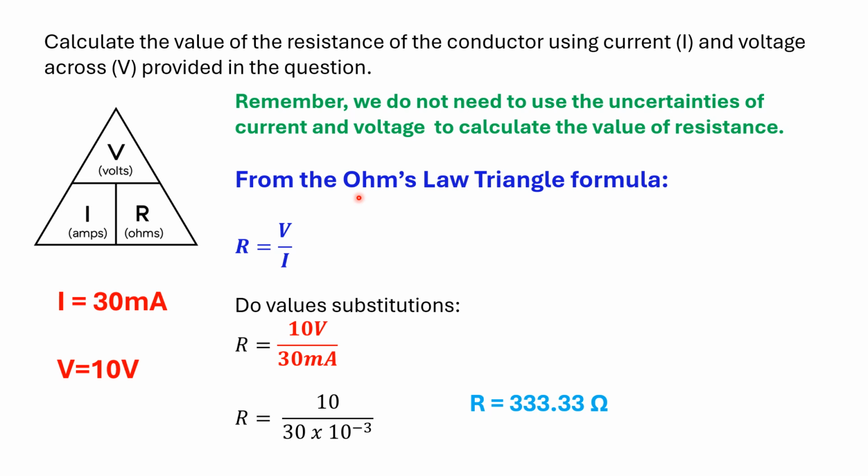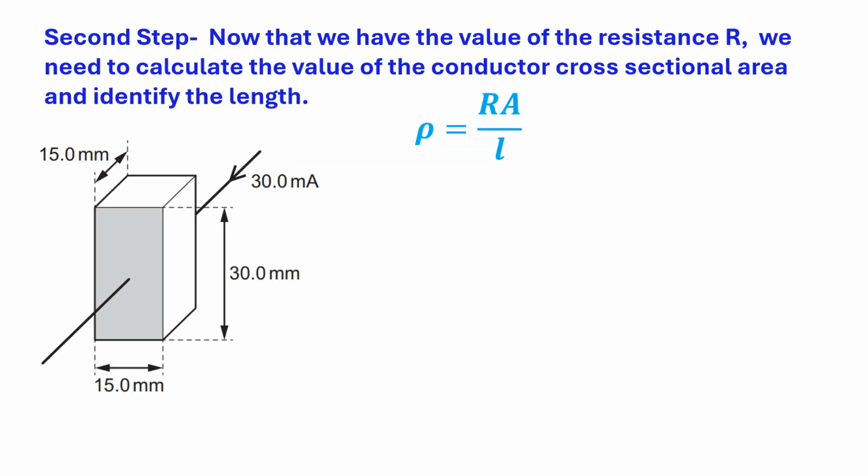I don't like to round when we are in the middle of a calculation. I usually round at the end. So let's keep the number as it is. Okay, so in our first step, we calculated the value of the resistance in terms of the voltage and current that were provided in the question.